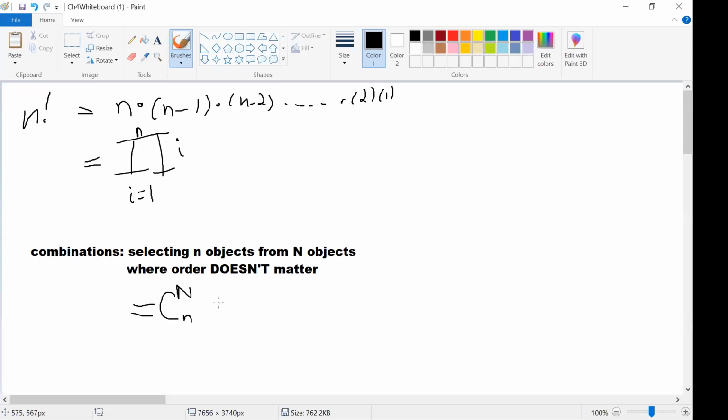Okay? And now there's a formula for this. And this formula is equal to capital N factorial divided by lowercase n factorial times capital N minus lowercase n factorial.